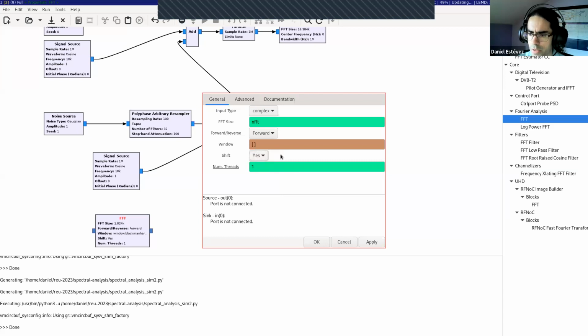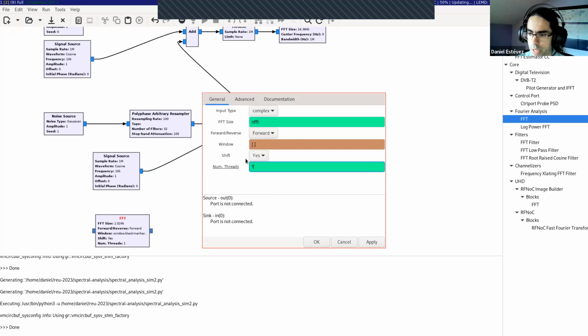The reason we have FFT shift is to put the frequencies which are around 0, around DC, in the middle, instead of in the left of the plot. That's more convenient. So we have in the middle frequency 0, and all positive frequencies go to the right half of the spectrum, all the negative frequencies go to the left half of the spectrum. So that mode of displaying things is FFT shift.